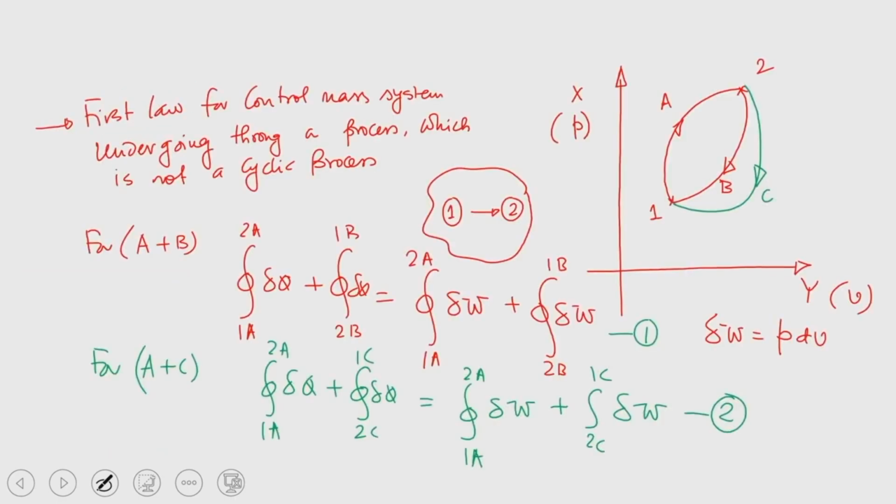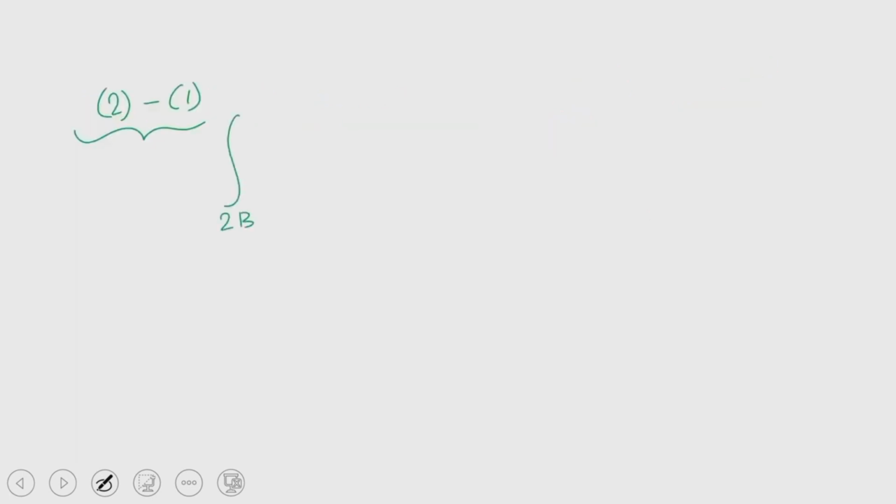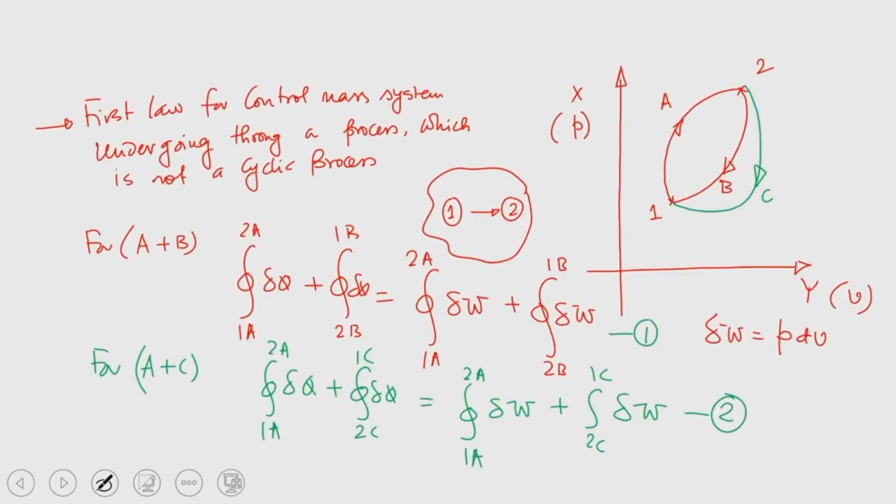Subtracting equation 1 from equation 2, we can write that the integral from 2B to 1B of delta Q minus delta W equals the contour integral from 2C to 1C of delta Q minus delta W. So, you see that we can write this if we subtract equation 1 from equation 2, because the interaction of heat and work following path A will get cancelled.